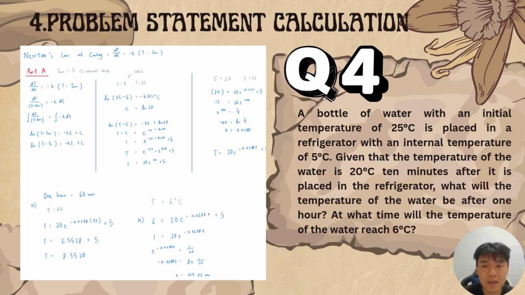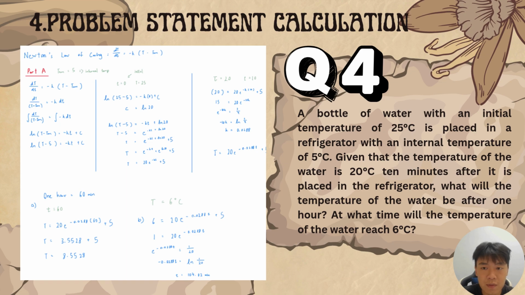Let's begin now. Firstly, we need to sub the formula into our equation: dT over dt equals negative k bracket T minus T_am bracket. In order to integrate, we need to make sure the variables are the same.